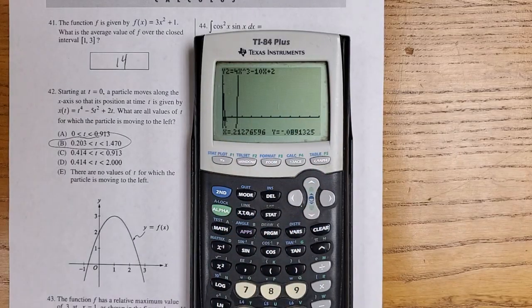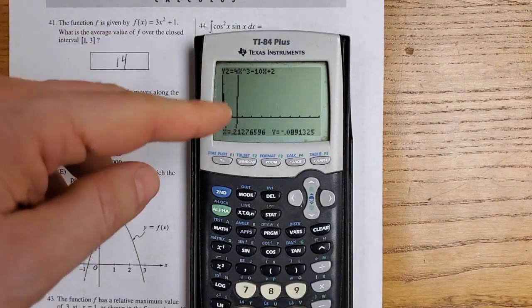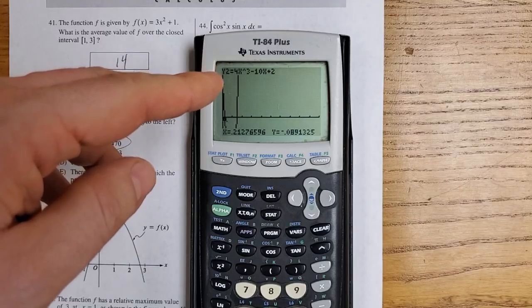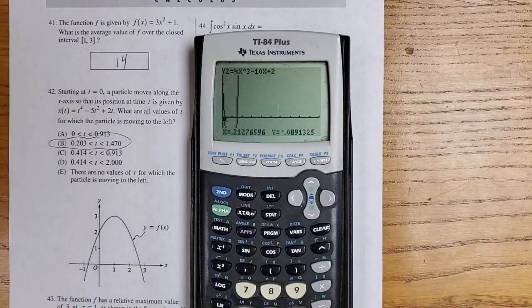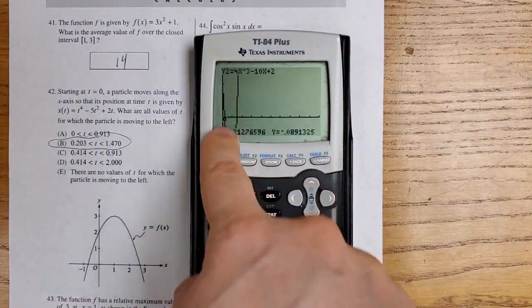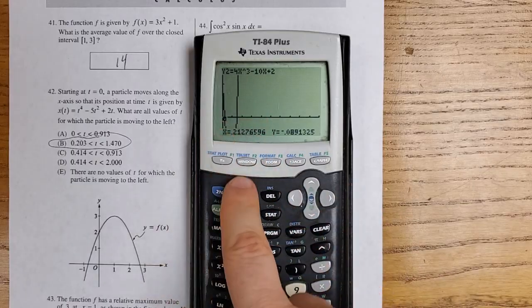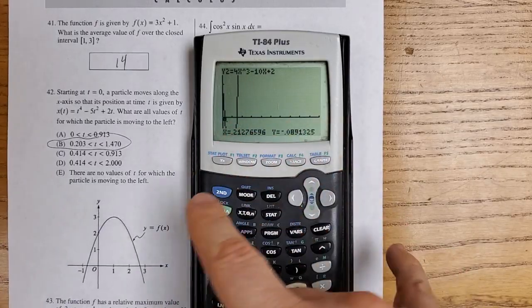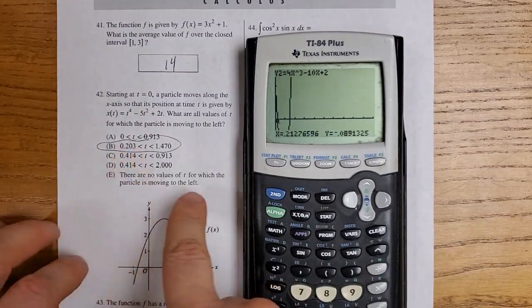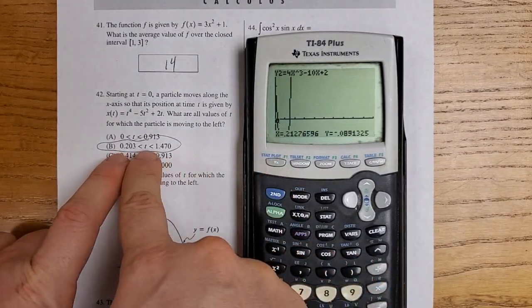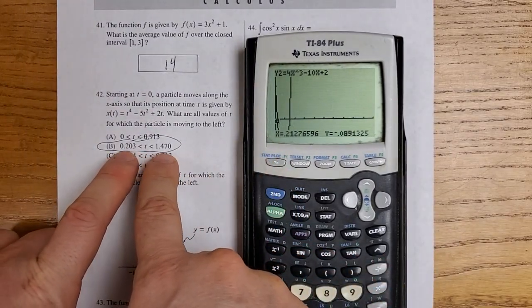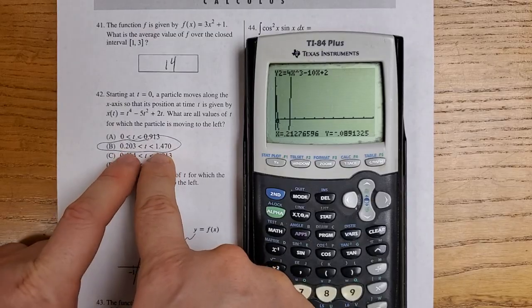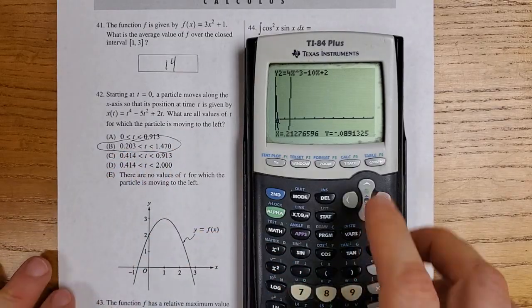So by quick visual examination of either the minima and maxima on the original graph, or just the x-intercepts where the slope is negative on the first derivative, we can come pretty close to that: it's negative, it's going backwards, between 0.2 something and 1.4 something.